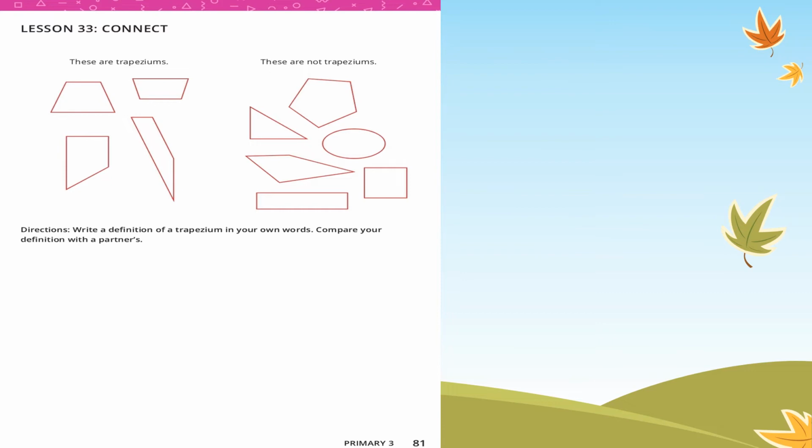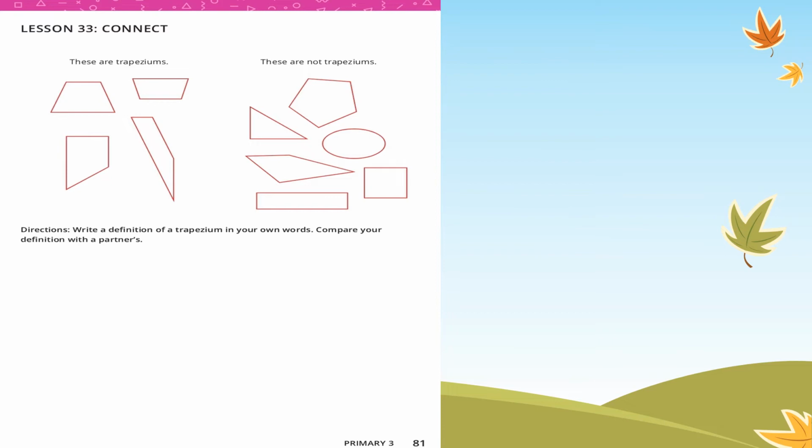Of these four sides, two are parallel and two are not parallel. We said parallel means cannot meet. So each trapezium has two sides that can meet, so they are not parallel, and two that never can meet, so they are parallel.